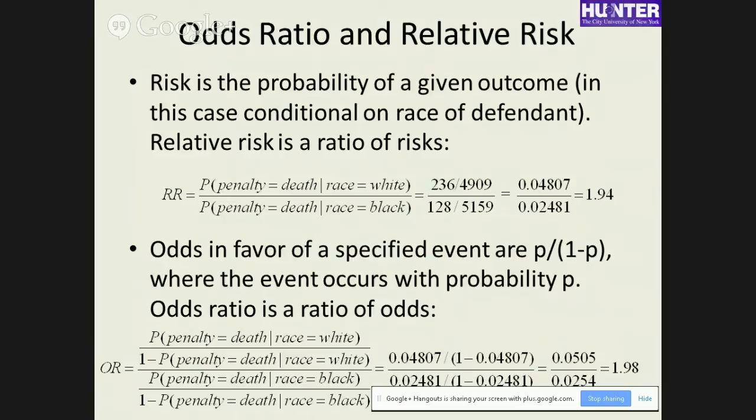So you could calculate the risk ratio, say for getting a 1 compared to getting a 2 or 3. That would be 1 out of 6 divided by 2 out of 6. So it would be 50% would be that risk ratio.